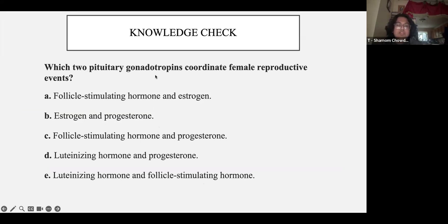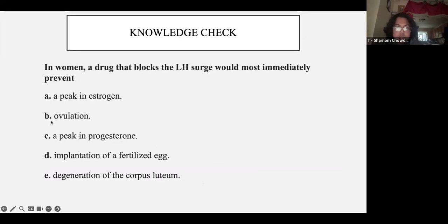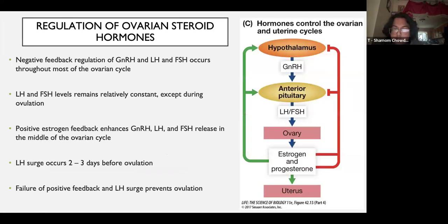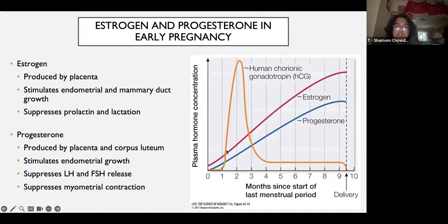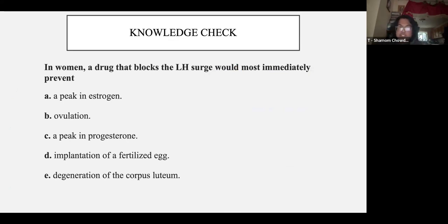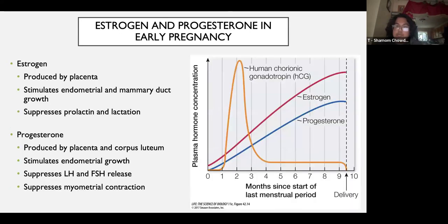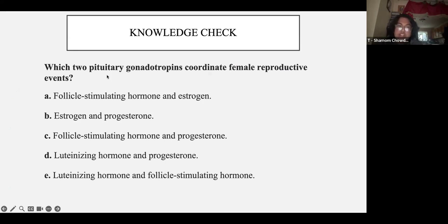Estrogen and progesterone are not produced from the pituitary gland; if we go back, they're produced from the ovary. The anterior pituitary gland produces luteinizing hormone and follicle stimulating hormone that stimulate the ovary, and the ovary helps produce estrogen and progesterone. Estrogen and progesterone do play a major role in pregnancy, like we discussed, but they're not pituitary gonadotropins. It's primarily E.